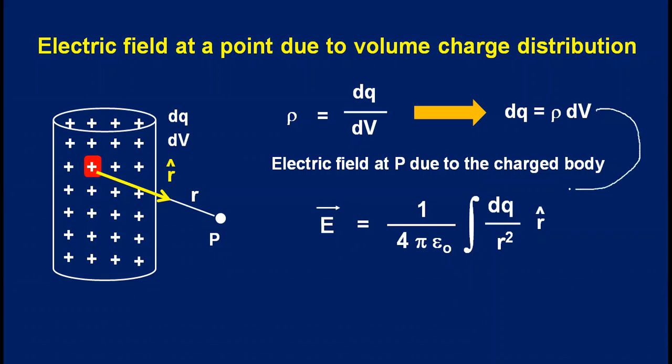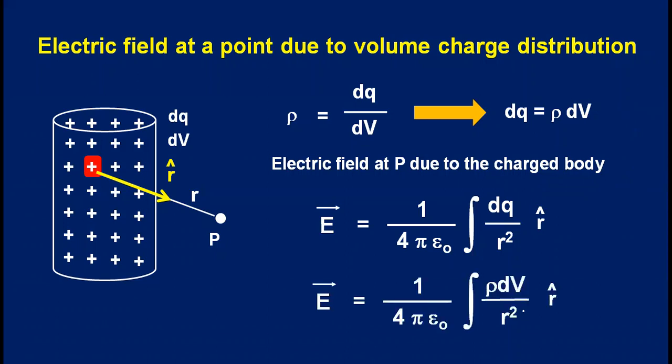Substituting rho times dV instead of dq over here, I get the formula to find electric field during volume charge distribution. So E vector equals 1 by 4 pi epsilon naught into integral rho dV divided by r square into r cap. So that's all about electric field due to continuous charge distribution.